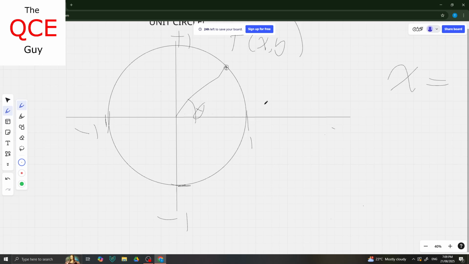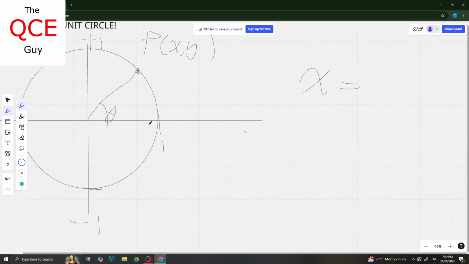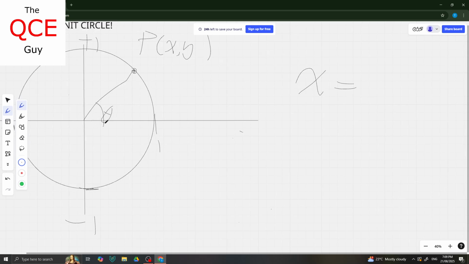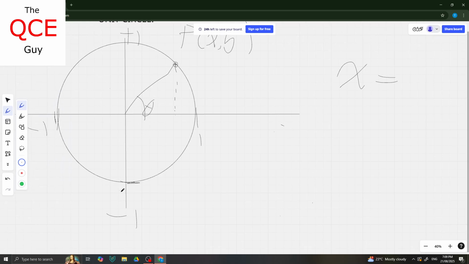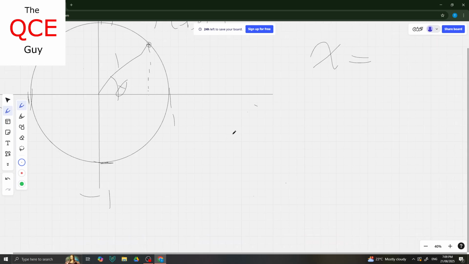So this angle here is going to be called theta. And now we can draw a line, which is going to help you visualize it. As any point here is 1, -1, it comes out to 1. We could also say that the radius would be 1, because from here to here is 1. So the hypotenuse is always 1.